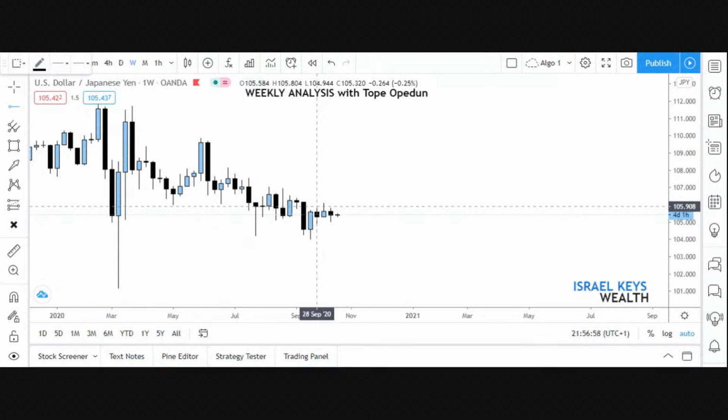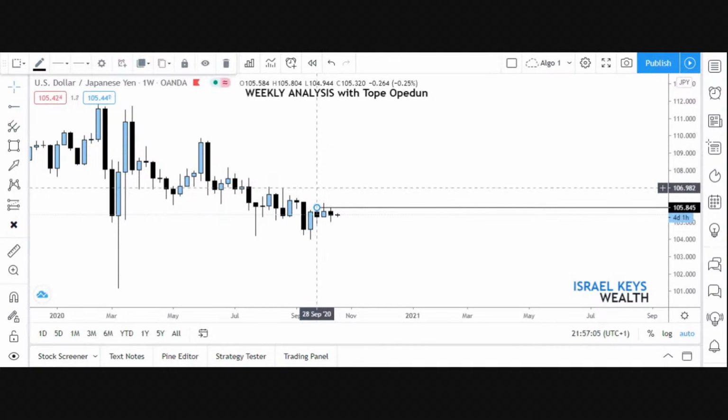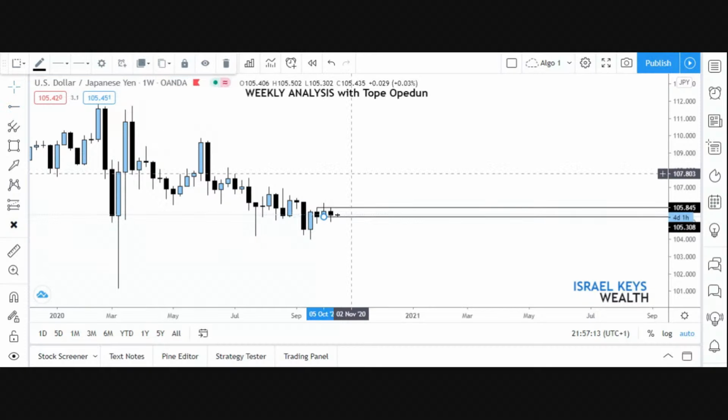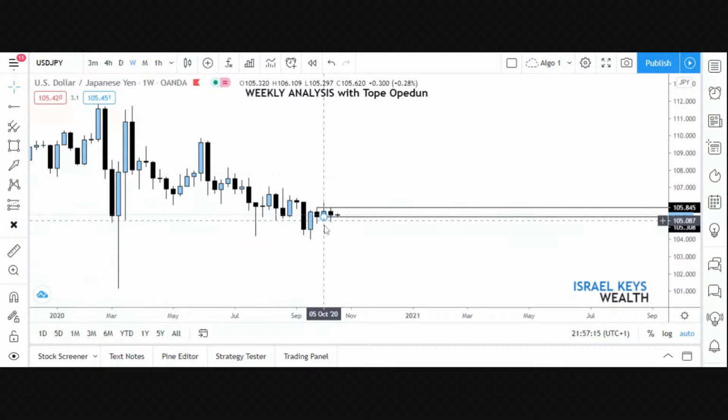So week of 5th October took out 28th September. And then week of 12th October, there is a market structure break confirming this run up is a stop run. So USDJPY is looking like it wants to continue lower.